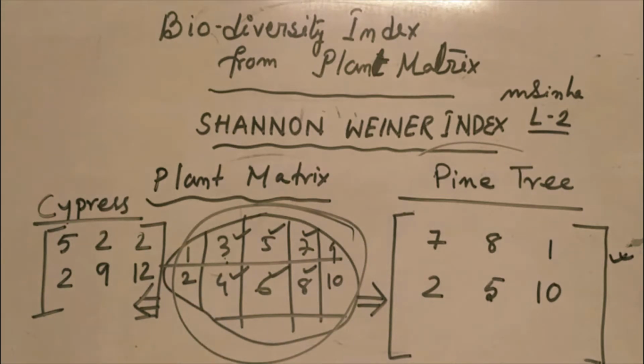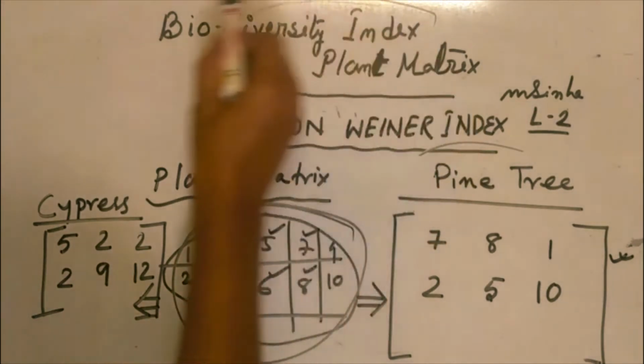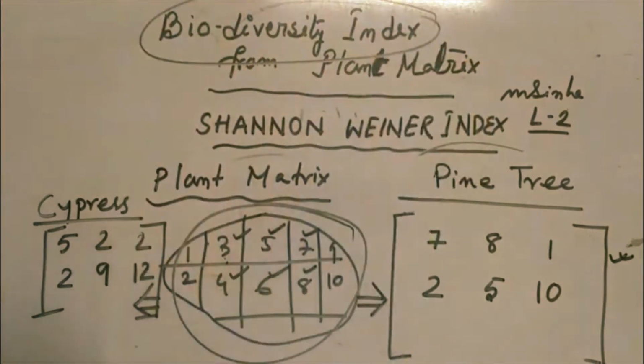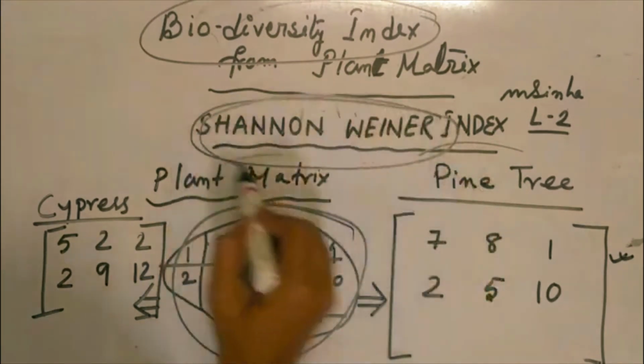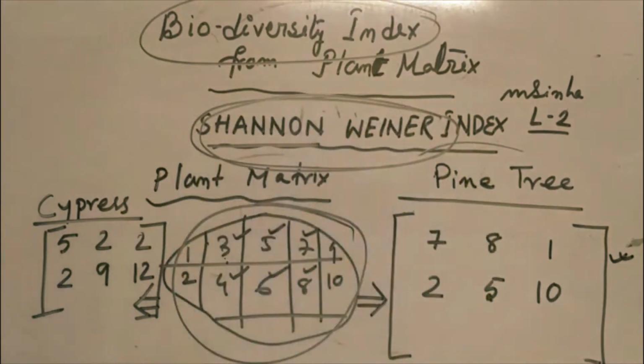Now the question is, how will we calculate the biodiversity index? Here we will learn all this process. As a student of geography, we can include another object like a slope object or landform object through this grid system. For the calculation of biodiversity index, we are following the method of the Shannon-Weiner index, the Shannon index.